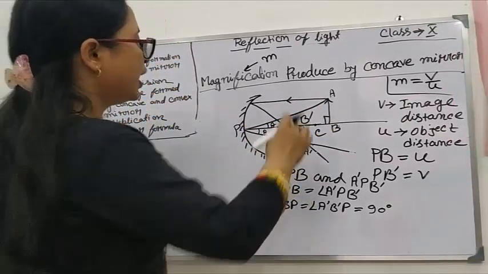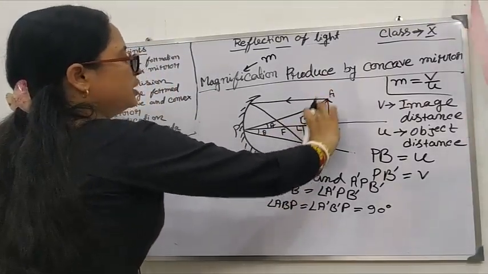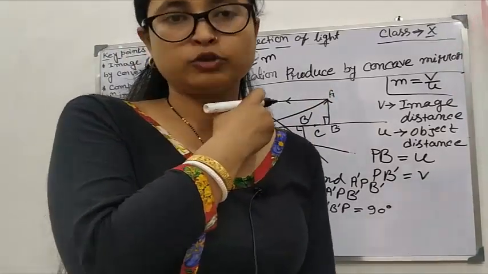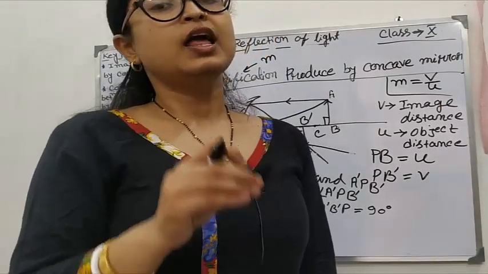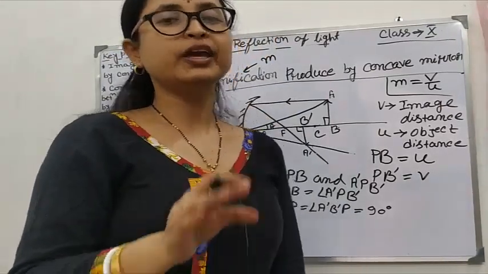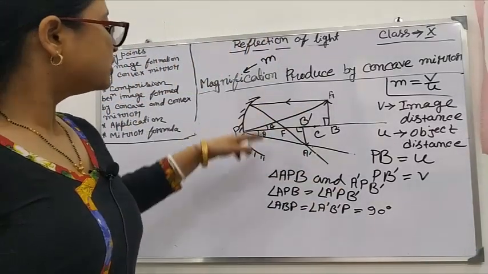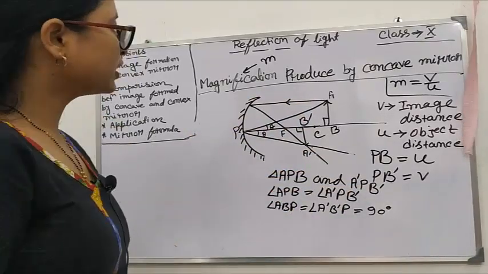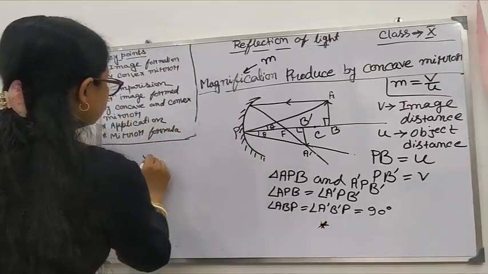As a result, you can write the ratio of the sides are equal. Now from the formula of math we know that whenever there are two similar triangles, then the ratio of their sides should be equal. Here as these angles are equal, that's why the triangles APB and A dash P B dash are similar triangles. So the ratio of their sides, let us write this.